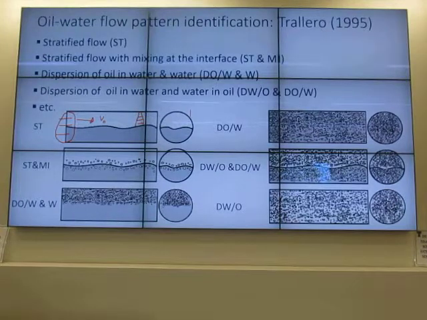So is this only true for stratified flow? If you have stratified flow with mixing, we have oil in here, right? The real question is, oil over there and oil which is that droplet, do they travel at the same speed? I don't think so.